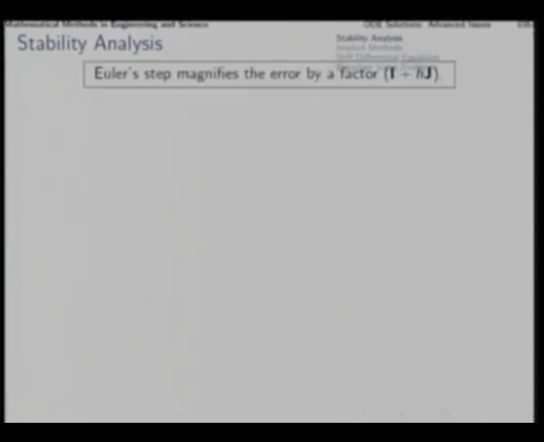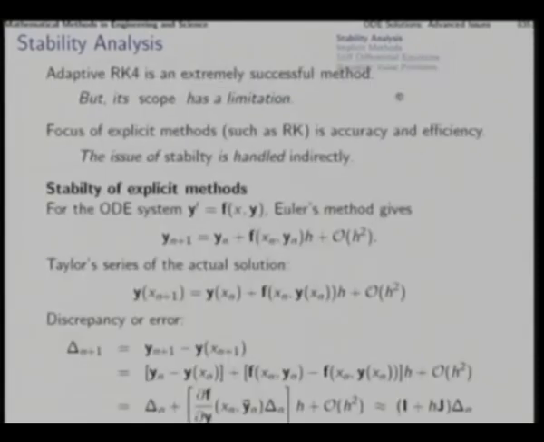So, that shows that Euler's step magnifies the error by a factor of this. Now, delta n is a vector, delta n plus 1 is also a vector, error in y at xn, error in y at xn plus 1. Now, this vector is mapped to this vector with this matrix I plus hJ, and that will give you the magnification produced in the error as a result of this one step.